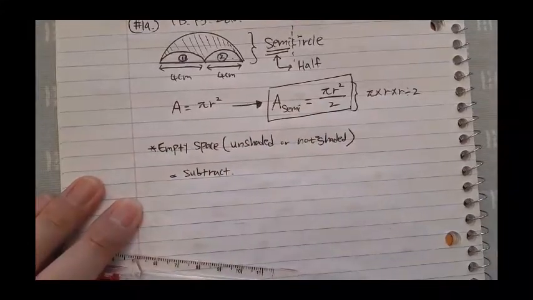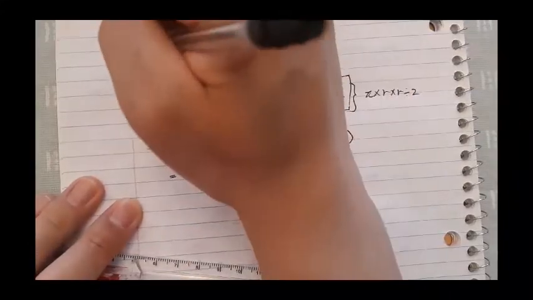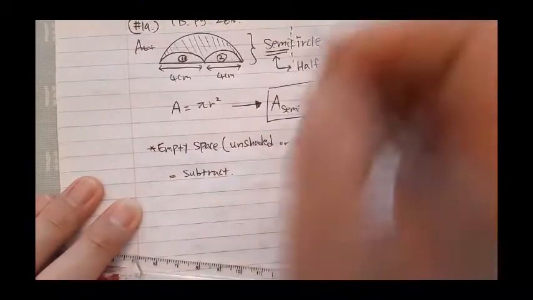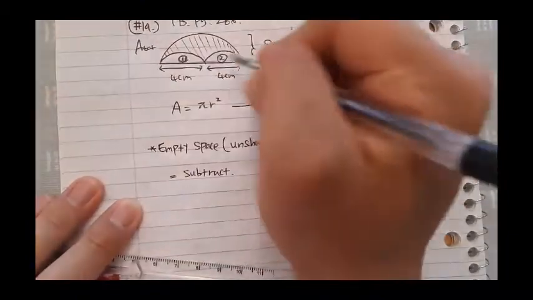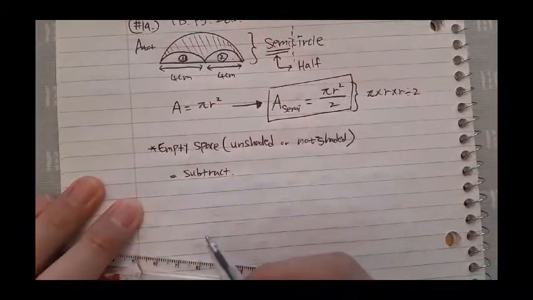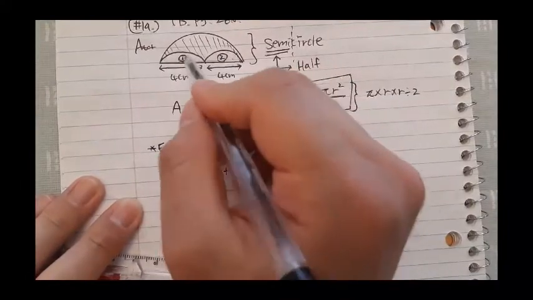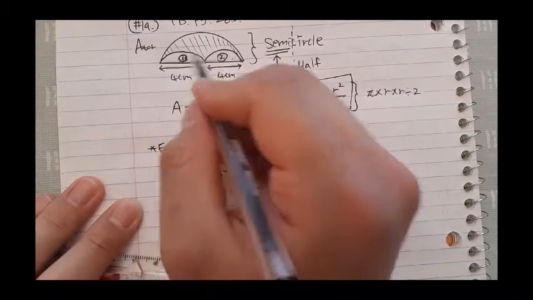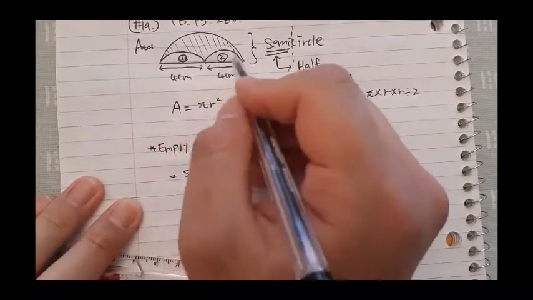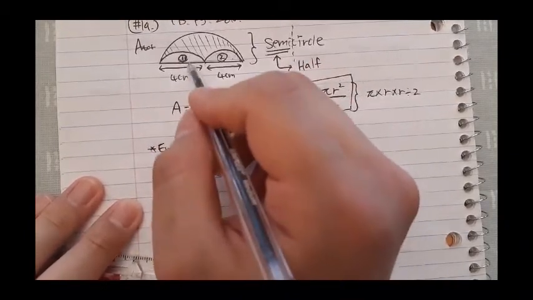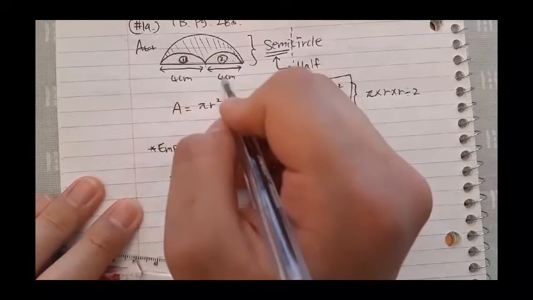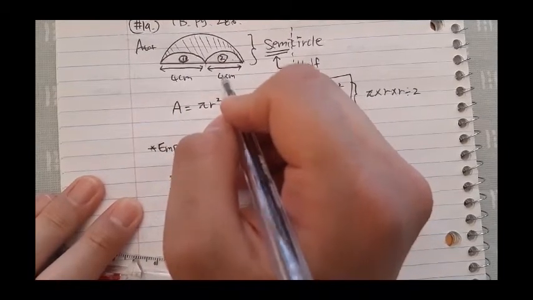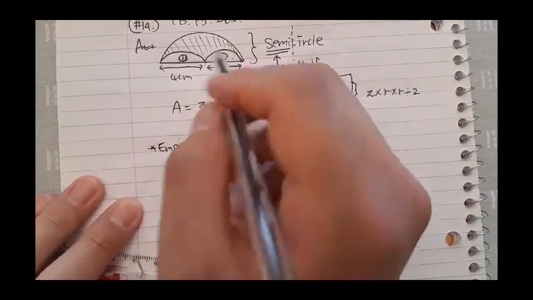So from the total area, we can subtract the first one and the second one. But you may notice that the first one and the second one are identical in size. Can you see the diameter of one half circle and the diameter of the other half circle? It is exactly the same, 4 and 4. So these two areas are identical.